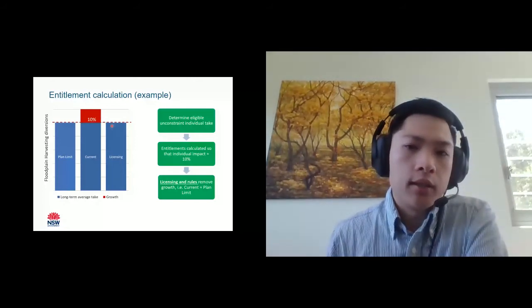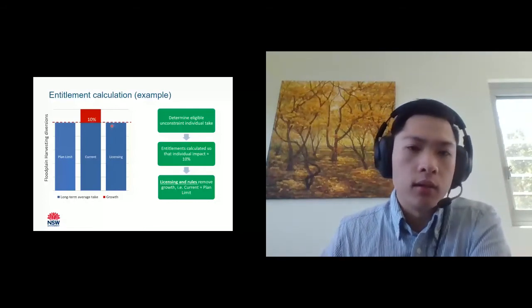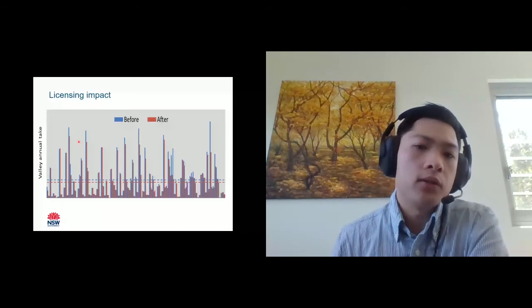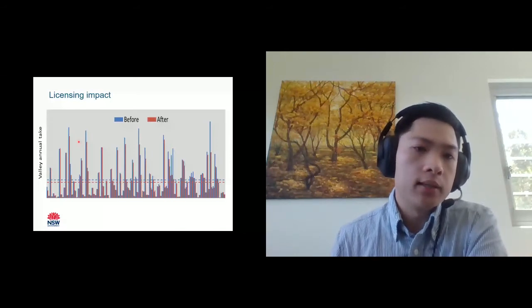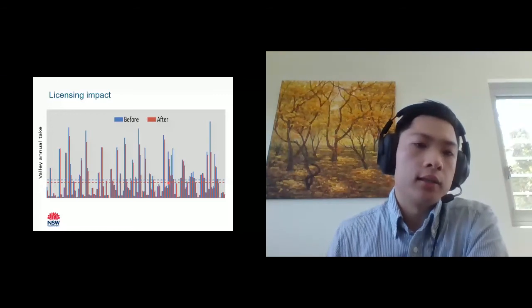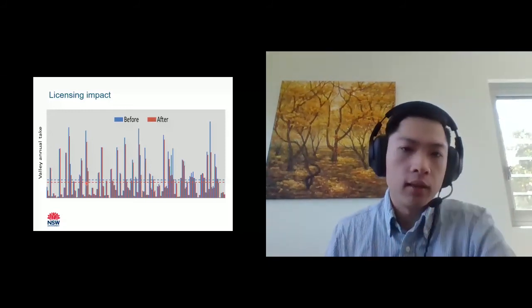So this is a time series representation of the intent of the licensing framework. The compliance is based on the long-term average, which is the blue line here under the unconstrained case. Under the licensing framework, we're expecting to see a reduction of the long-term average take, which is represented by the red line here.